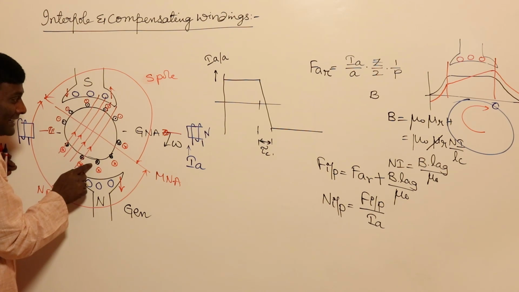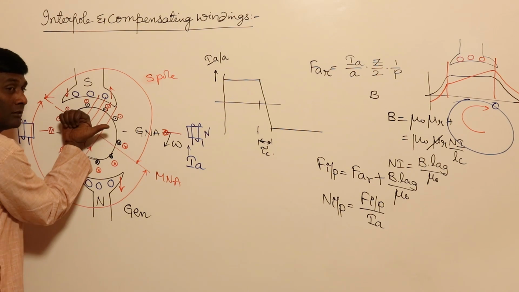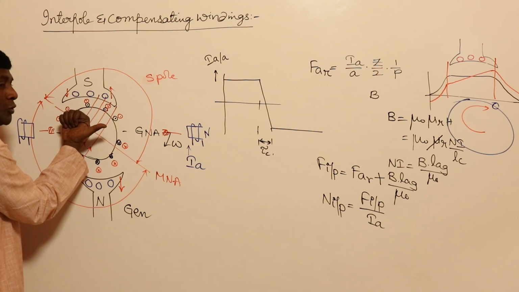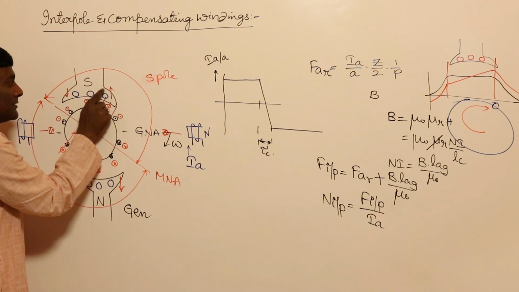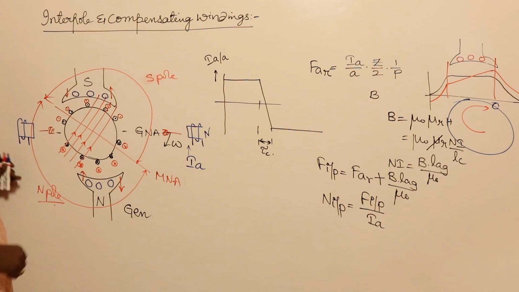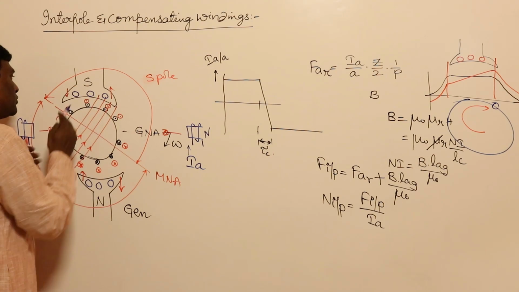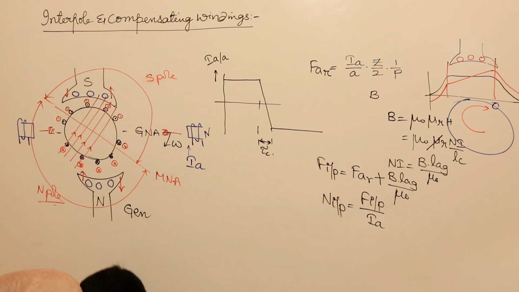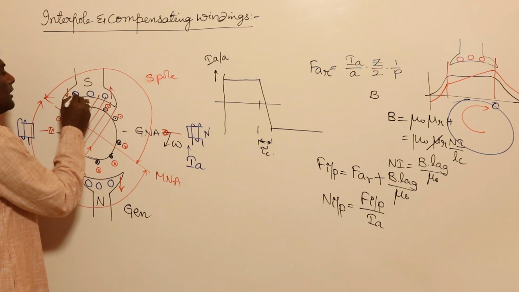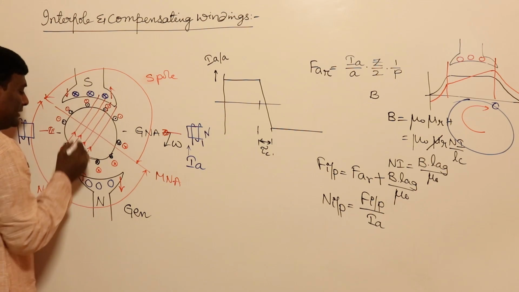Armature conductors red, armature conductors cross. So I should provide these in such a way that it should be like this. For example, if it is like this, it is going to be cross, it is going to be dot.